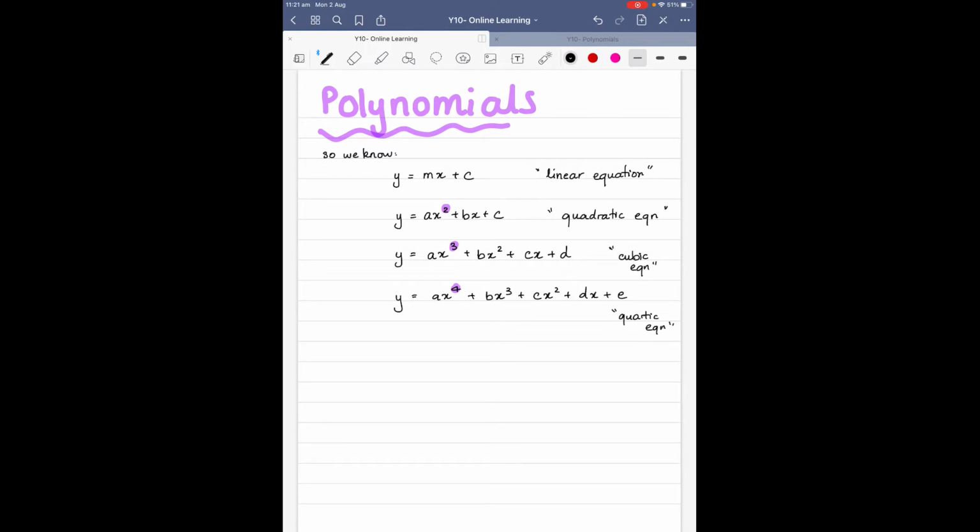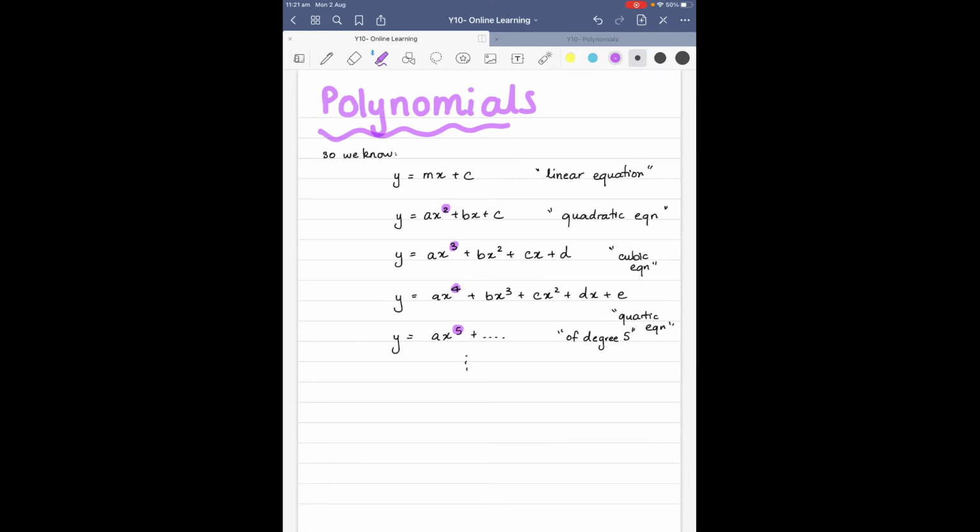Now, we can keep going forever. So we can have, for example, ax to the power of 5 plus blah, blah, blah. You know the drill by now. Instead of having a title for each equation, we say it is of degree 5, and then the next one of degree 6, of degree 7, of degree 8, and so on.